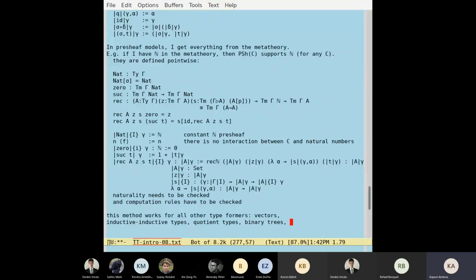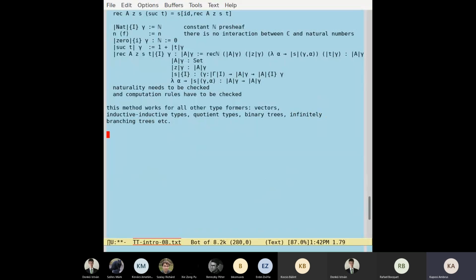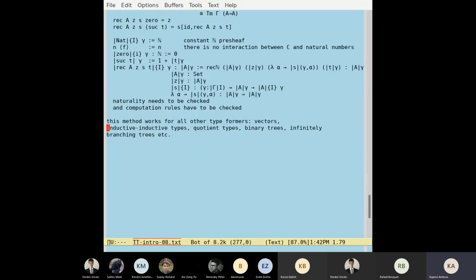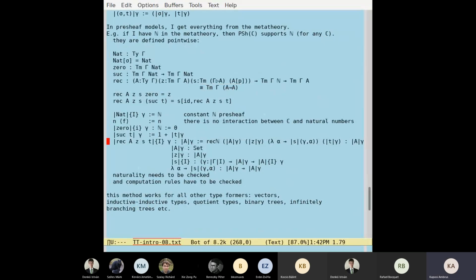Binary trees, whatever, infinitary, like infinitely branching trees, and so on. Okay, so it works for all kinds of type formers. Okay, all kinds of inductive types.